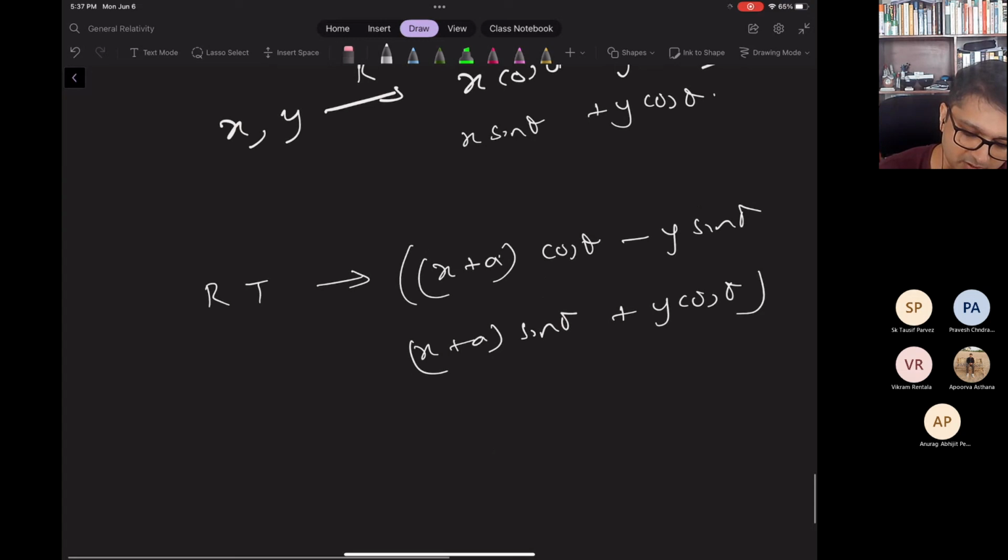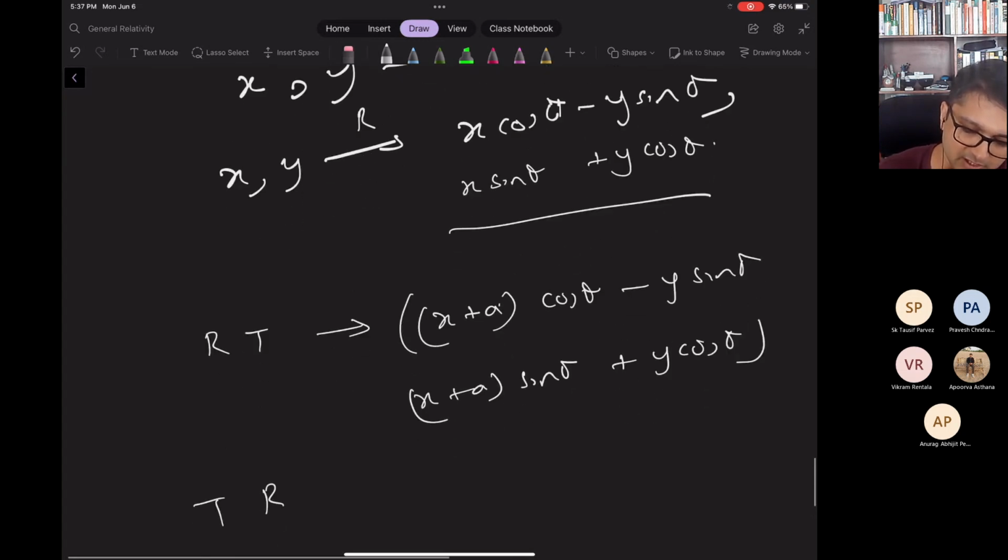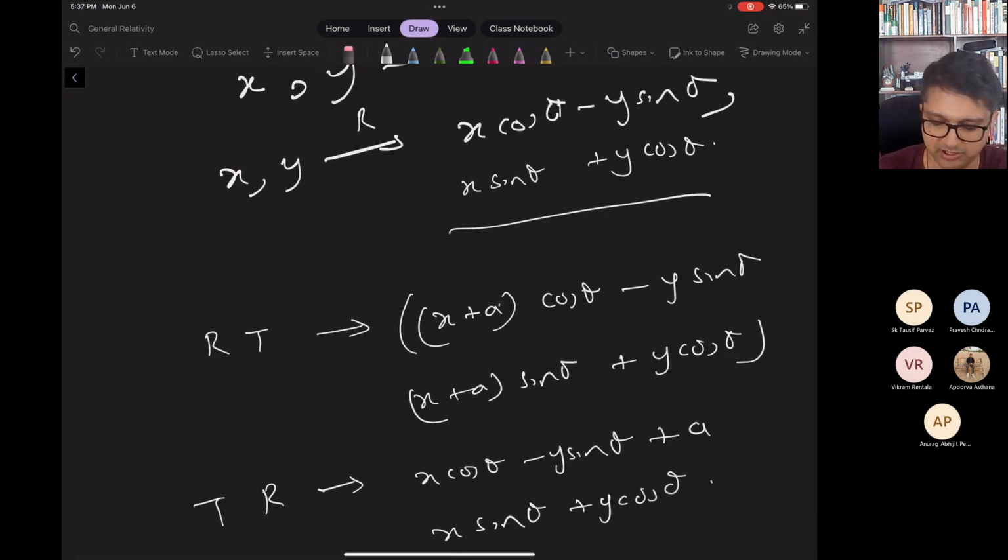But if I first rotate and then I translate, I will first rotate, I will get this, and then I will translate. So I'll get x cos theta minus y sine theta plus a, x sine theta plus y cos theta. So these two are not the same, and that's why the order of operations matters, precisely because your rotations are not shifting.